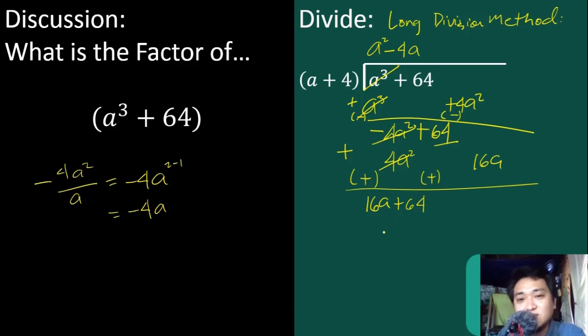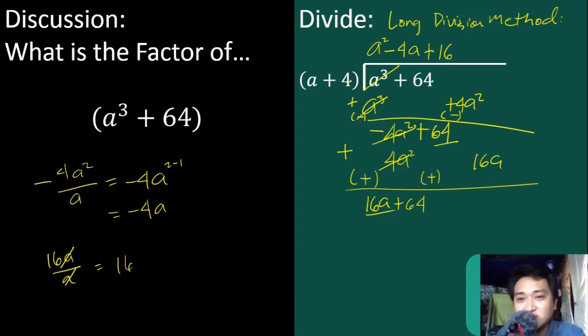Now, anong gagawin natin sa susunod? Ang susunod natin gagawin, ganun pa rin, i-divide pa rin natin. Positive 16a divided by a. So a divided by a is 1. Cancel them out. So that will be 16. So you are dividing two positive numbers. That will be positive. 16a divided by a is 16. Tapos multiply uli natin.